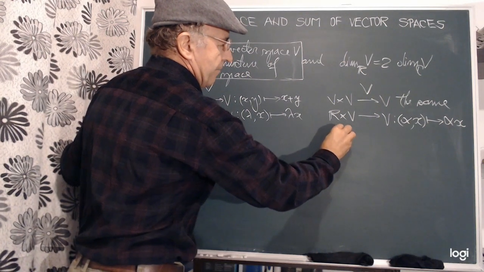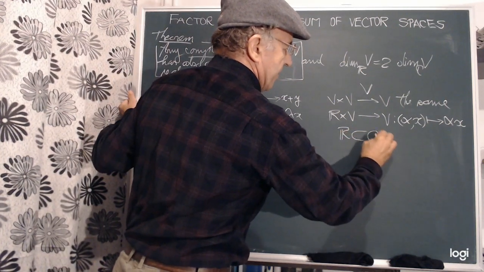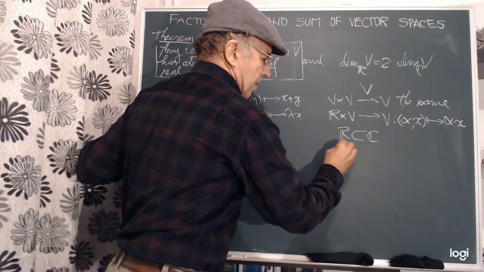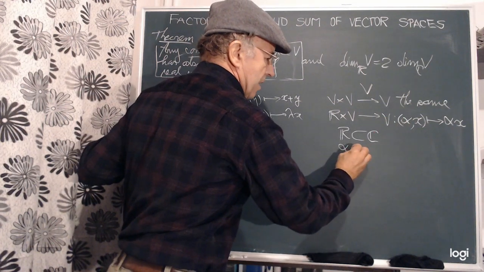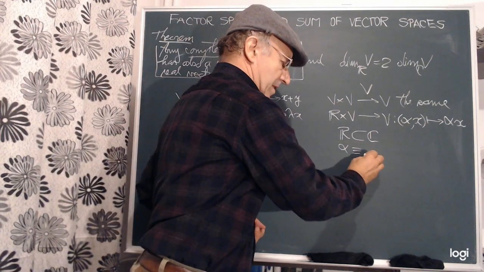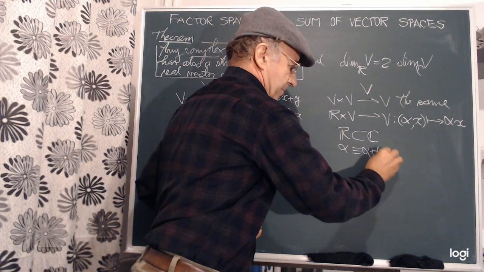R, the field of real numbers, is a subset of the field of complex numbers. Our real number alpha is the same as the complex number alpha plus 0I.